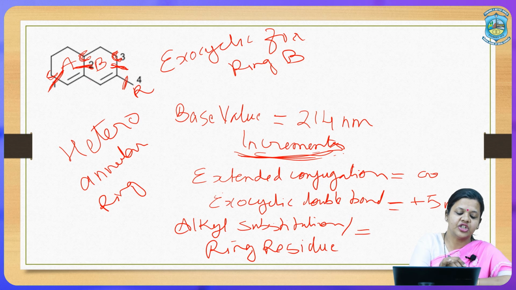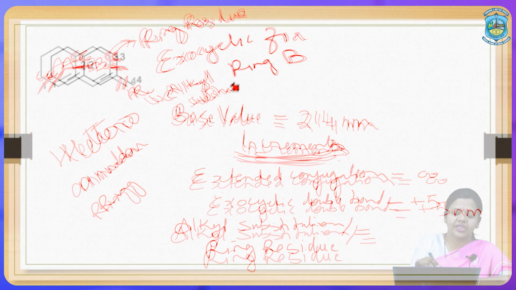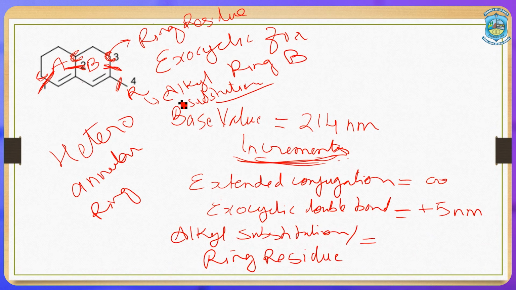So, positions 1, 2 and 3 are part of the ring, so they are termed ring residues, and this is a pure alkyl substitution. It is only the difference in the name, the values remain the same.